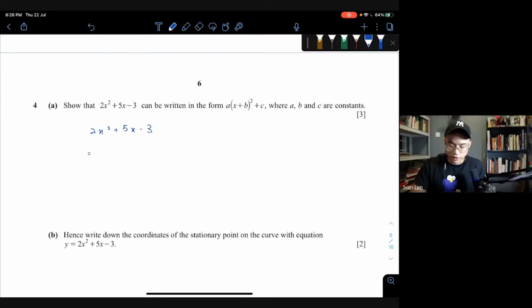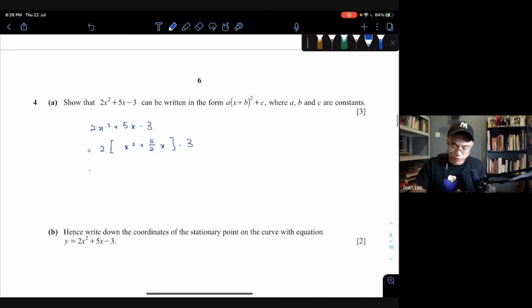For me, I will just factorize out the a first. So 2 times (x squared plus 5 over 2 x) minus 3. My second step will be (x plus b over 2) squared, minus (b over 2) squared, minus 3. So we want to put it into that form.